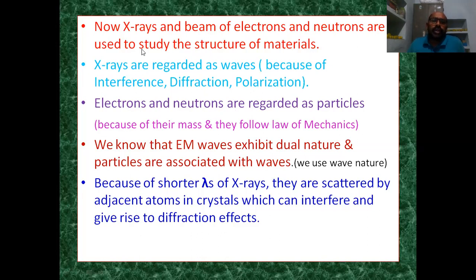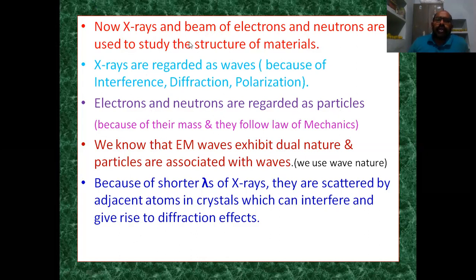So in addition to the X-rays, in the diffraction pattern, beams of electrons and neutrons are used to study the structure of materials. Okay, a fine beam of electrons or a fine beam of neutrons is used in the diffraction studies, and using those beams, one is able to study the structure of materials. Electrons and neutrons are regarded as particles.